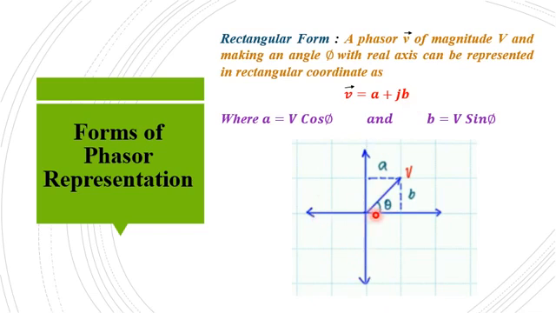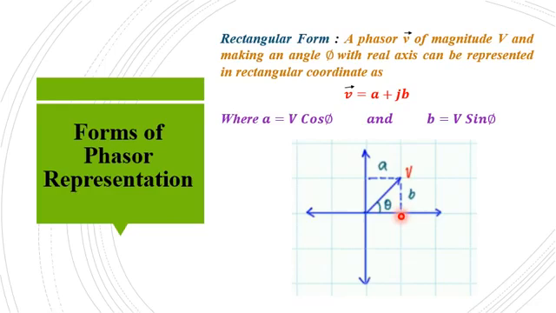Here my phasor is having a magnitude capital V and it's making an angle phi with your real axis, and the projection of the phasor on the x-axis is A, and the projection of the phasor on the y-axis is B. Then in rectangular coordinates, we can write this phasor as A plus jB, where A equals V cos phi and B is equal to V sin phi.